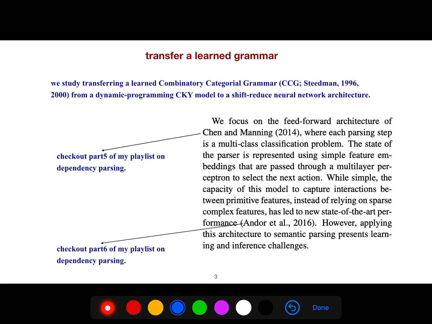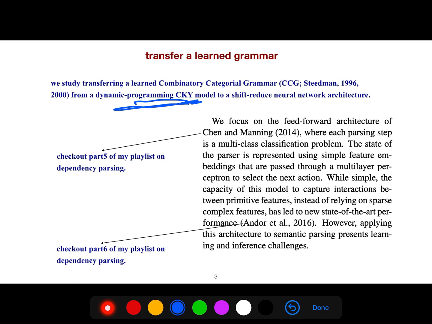Here we are transferring a learned grammar. This is becoming a new fashion because with your CKY algorithm you can do everything, but it's a little bit noisy.